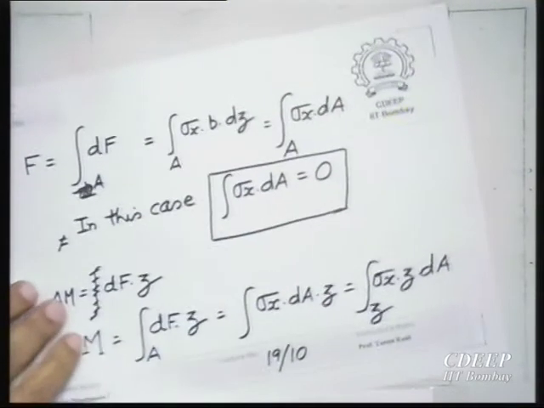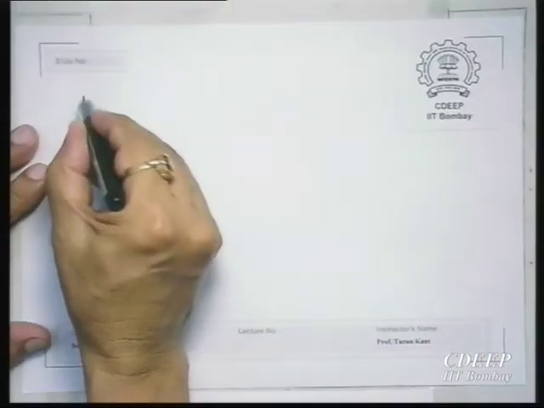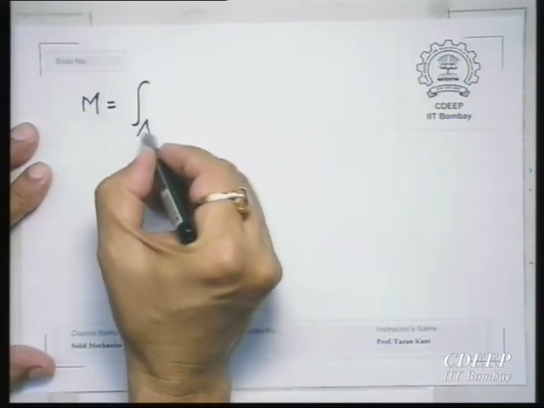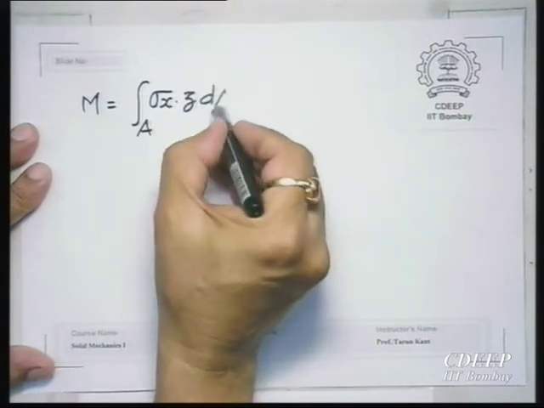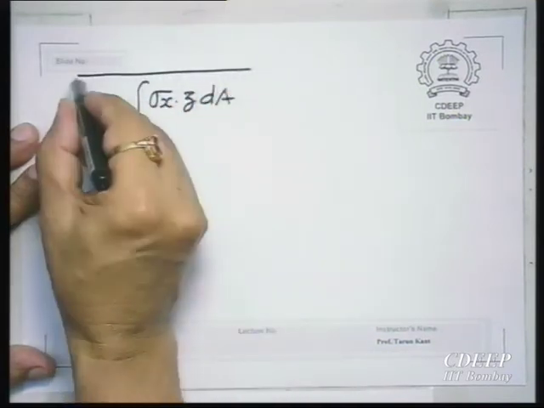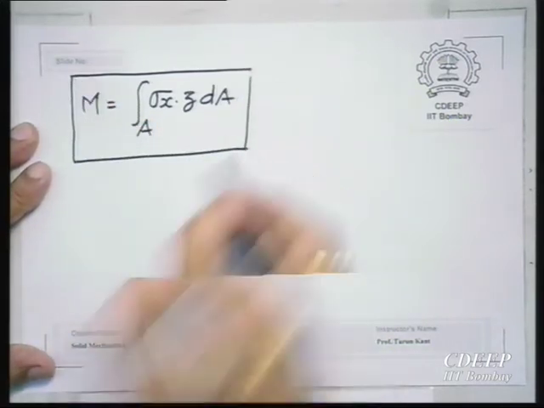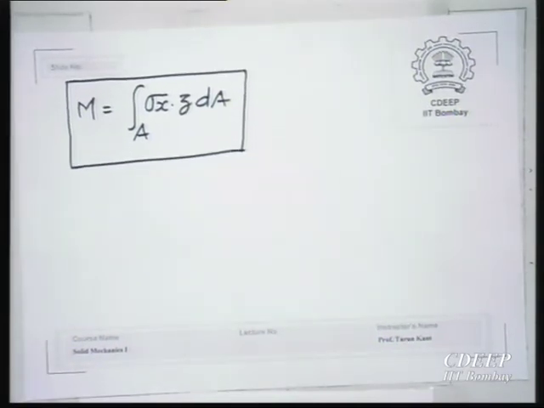So this is okay. Those who are awake. So can I write now that the moment is given by the expression, integral sigma x z dA. Is it okay?